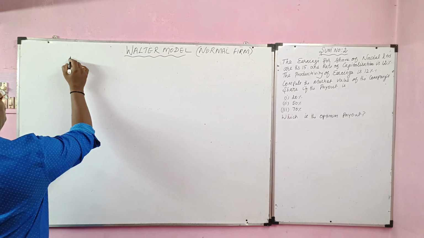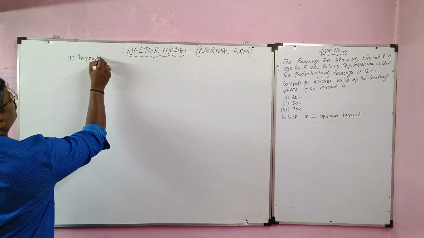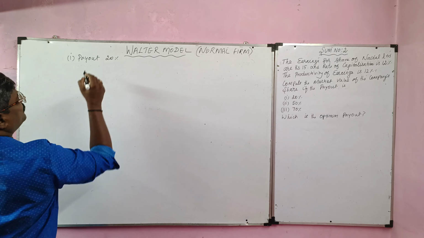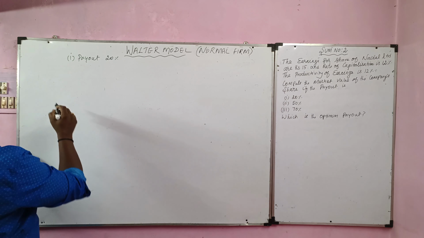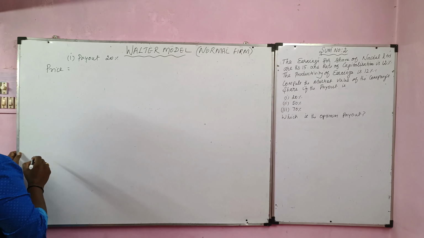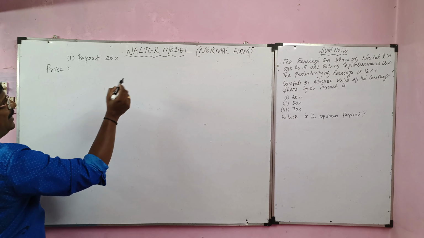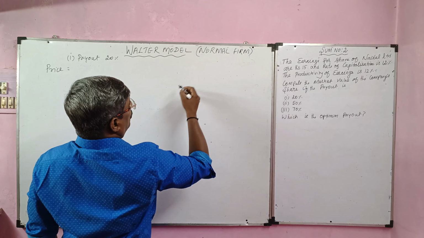Situation 1, payout is 20%, which means retention is 80%. We want to find the price of equity share under Walter model. Here the problem is in relation to the normal form.